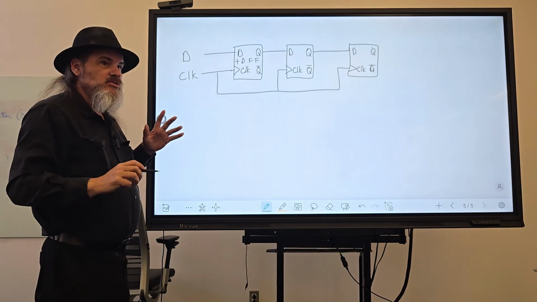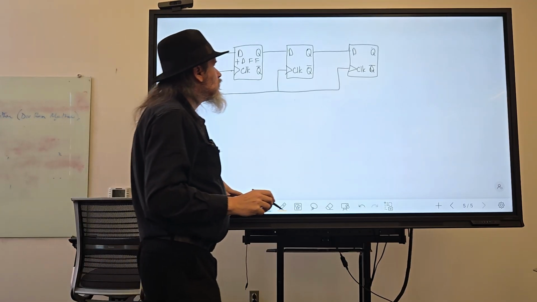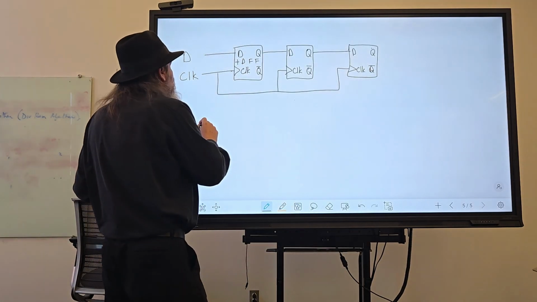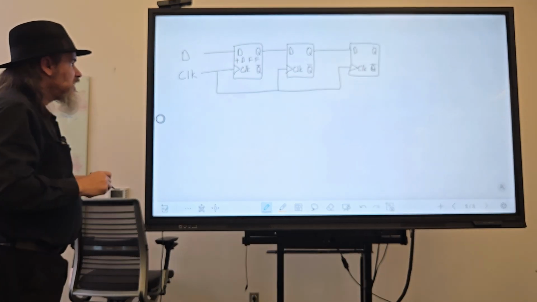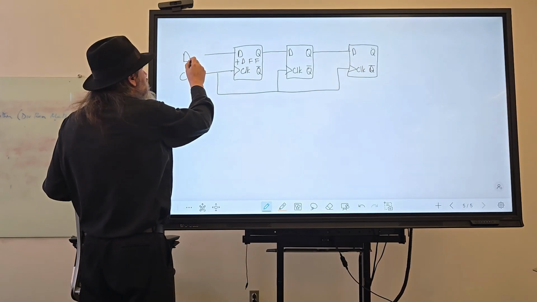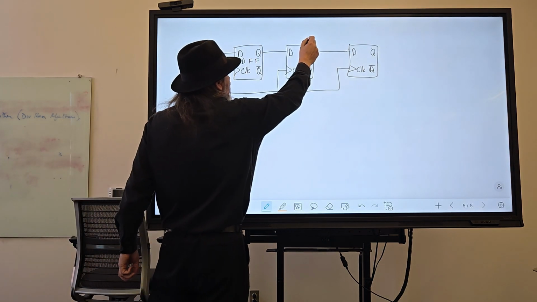What happens in this situation is what's called a shift register, where at each clock cycle, the data on D gets moved one space.